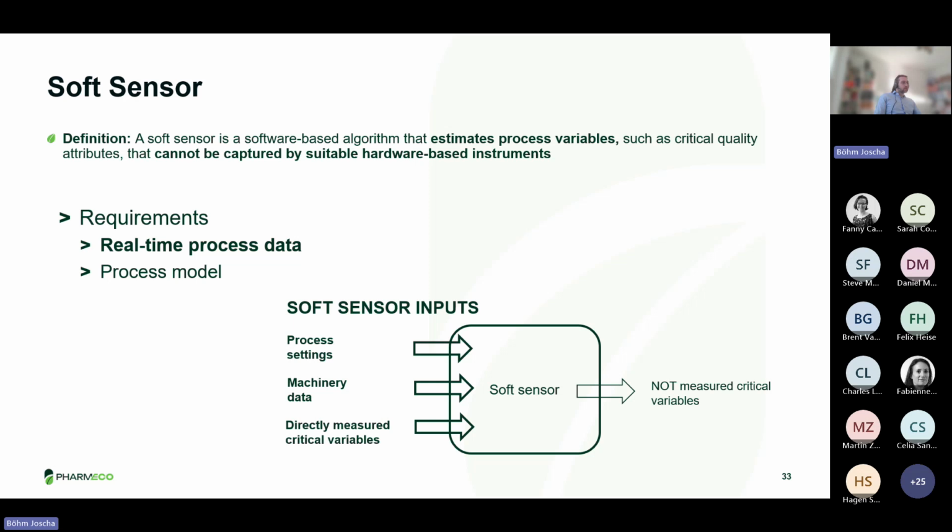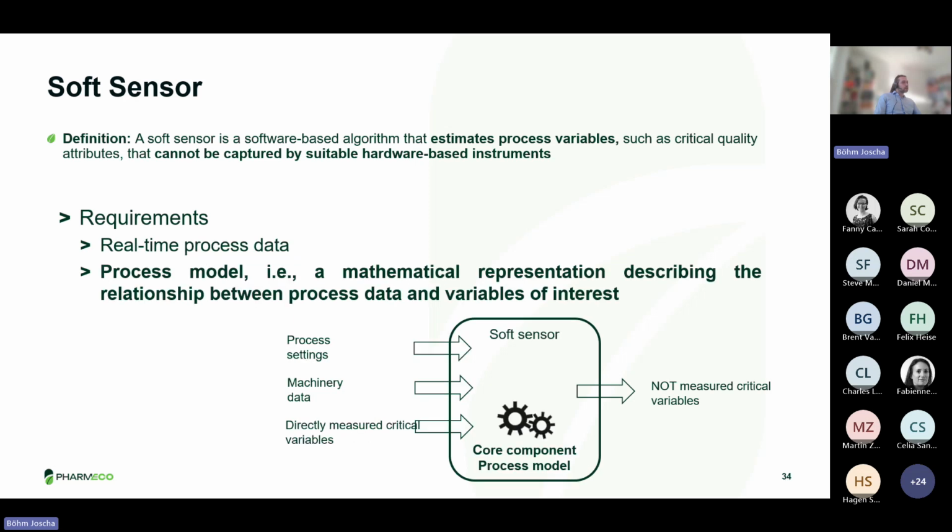So for example, we would use it in a bioreactor to gather further information about variables that we cannot measure. We would use, for example, the glucose measurement of the Raman device here, and in combination with the process settings that we have, get to other variables that we maybe cannot measure, such as some impurities that might occur here. And if we have this in place, we somehow need this translation inside the soft sensor. This is done by a process model.